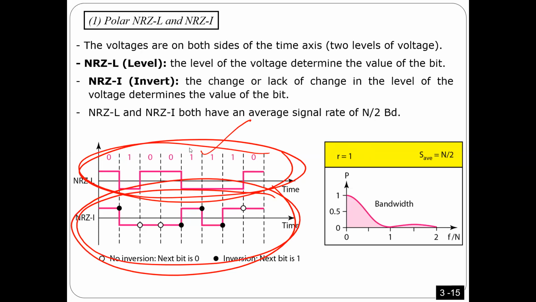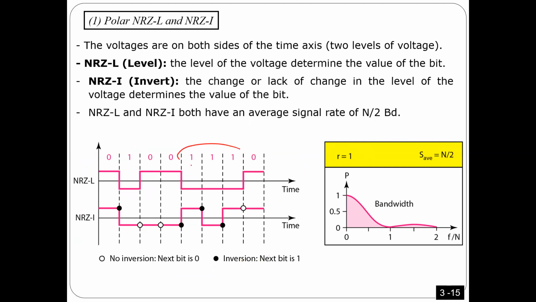As I have just explained, when you have 1 1 1 1, it is going to make toggle. So in case of 1, we don't have a problem. The problem is going to be in 0. So I was able to solve the synchronization and DC wandering problems only 50% of the time.